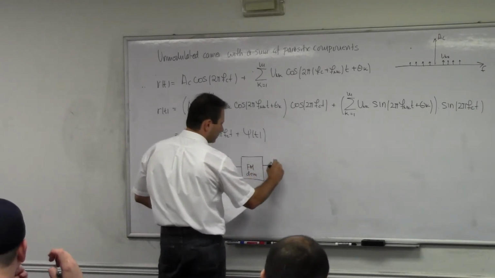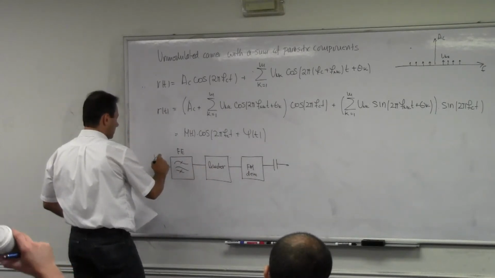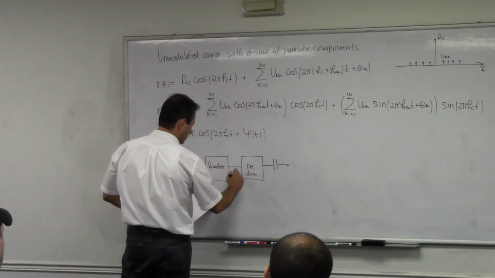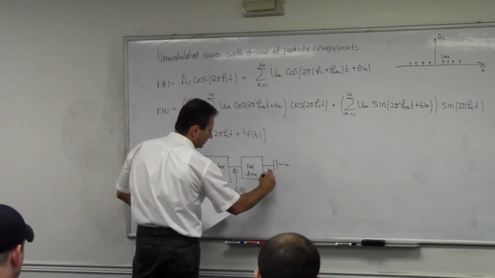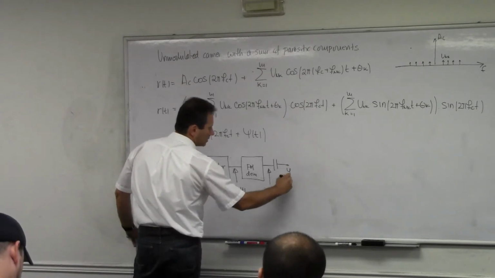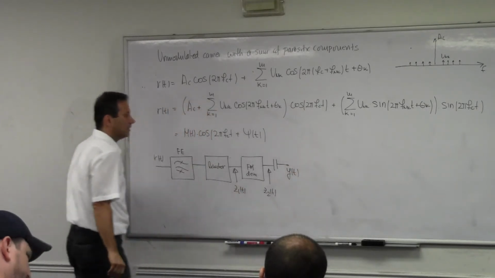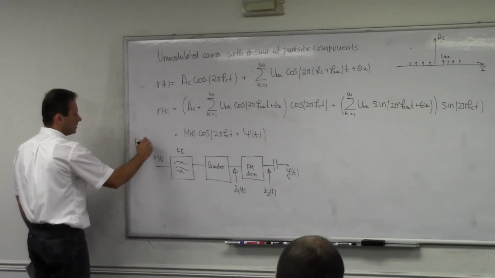And then here I have this DC block circuit. So here's R of t. Here's a signal that I'm going to call Z1 of t. And here's the signal I'm going to call Z2 of t. And there's my output Y of t. So that's my receiver. So this is an FM receiver.